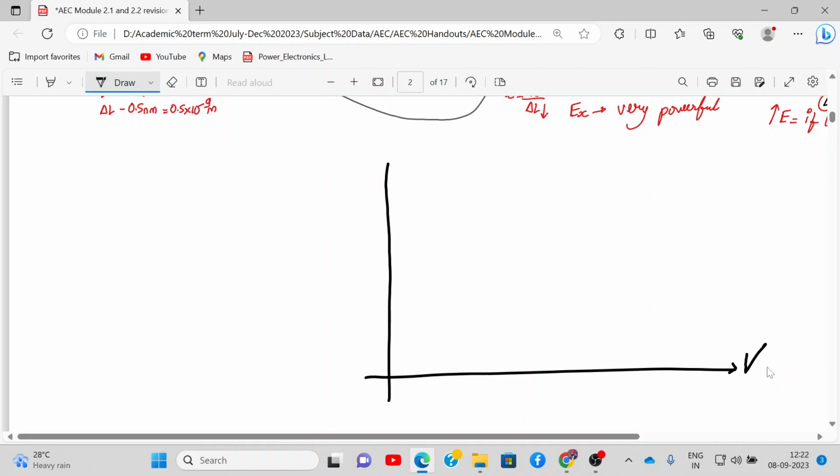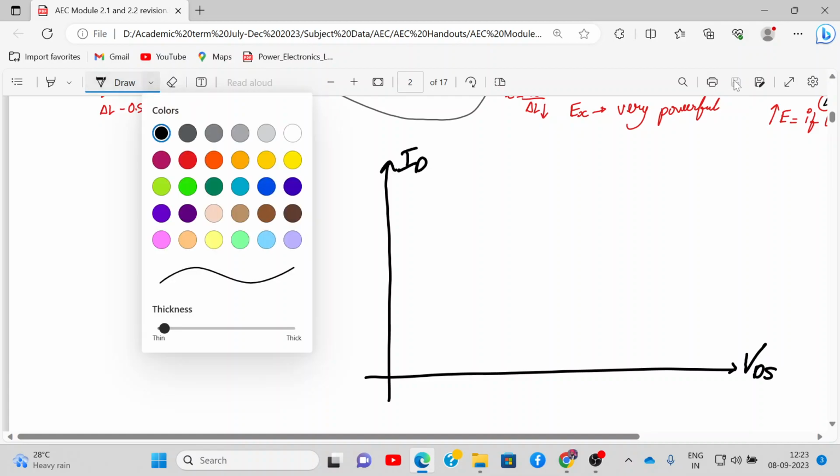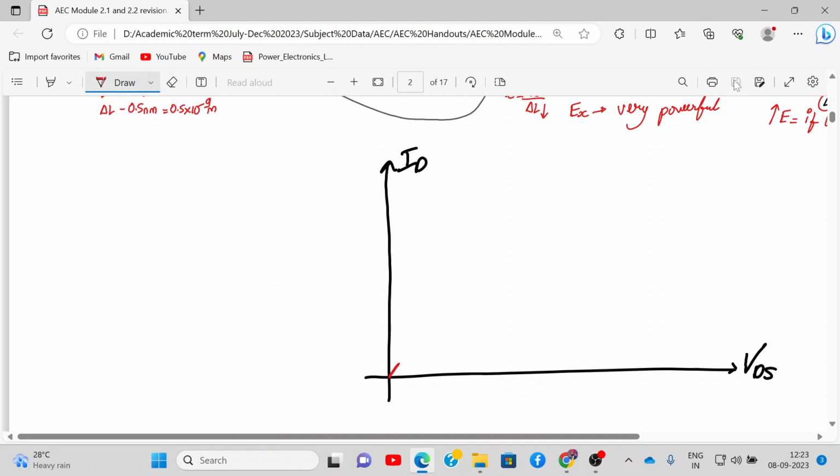Let me just save the document first. Yeah, this is VDS. This is ID, and first I will draw the first graph. Let me draw that curve first.